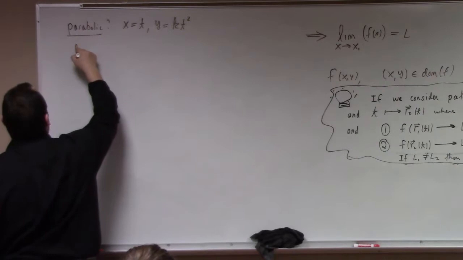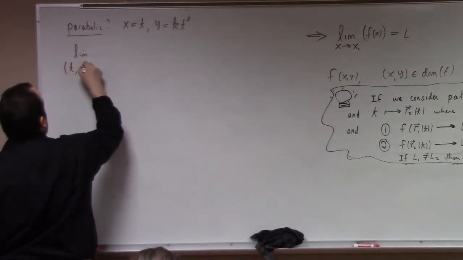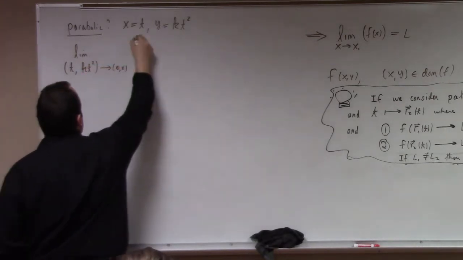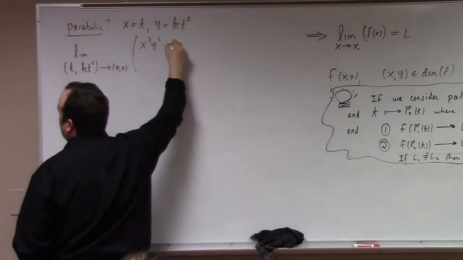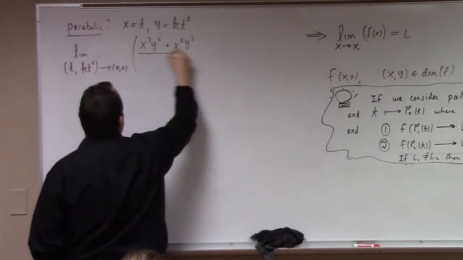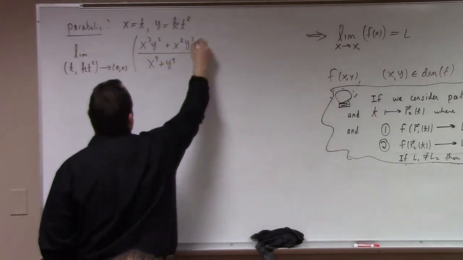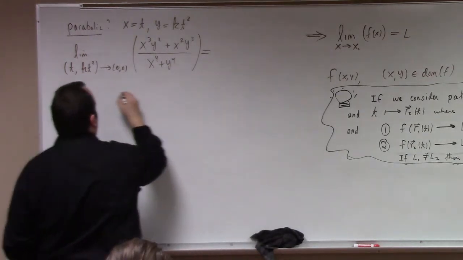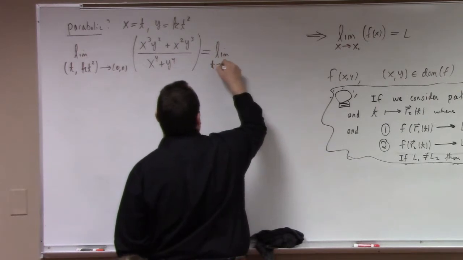Then we'll look at the limit of (t, kt squared) goes to (0, 0) of x cubed y squared plus x squared y cubed divided by x to the fourth plus y to the fourth, yeah? So we got the limit as t goes to 0 of what?